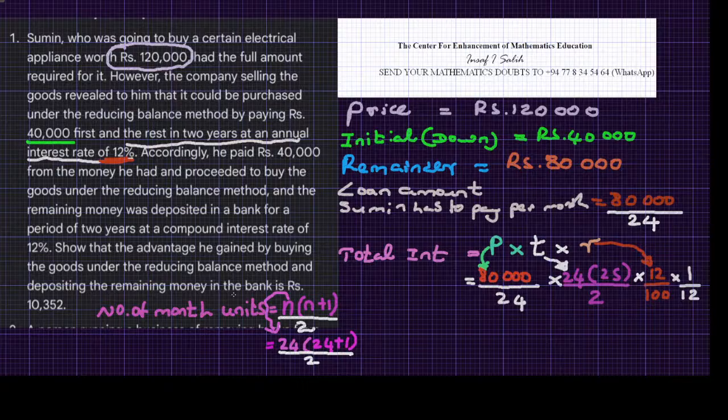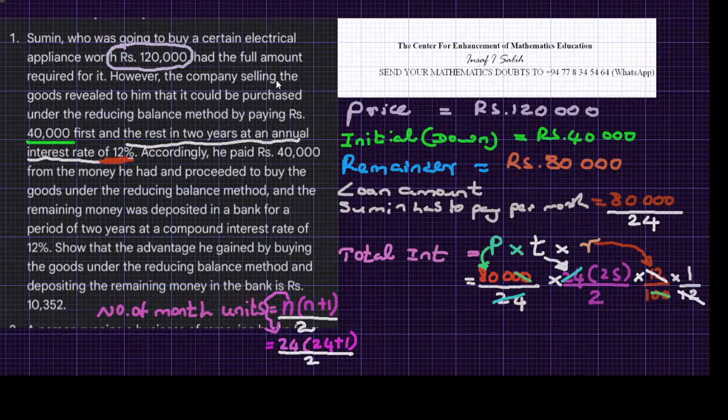Right. Now it's a matter of cancelling the things which we can cancel. We can cancel this 24 with 24, and we can cancel this 12 with 12. We also can cancel the 2 zeros here with the 2 zeros here.